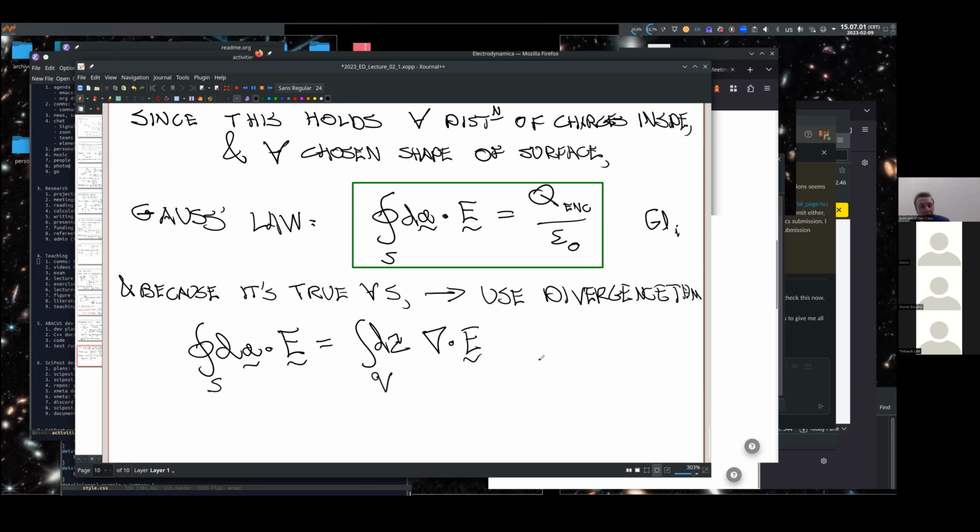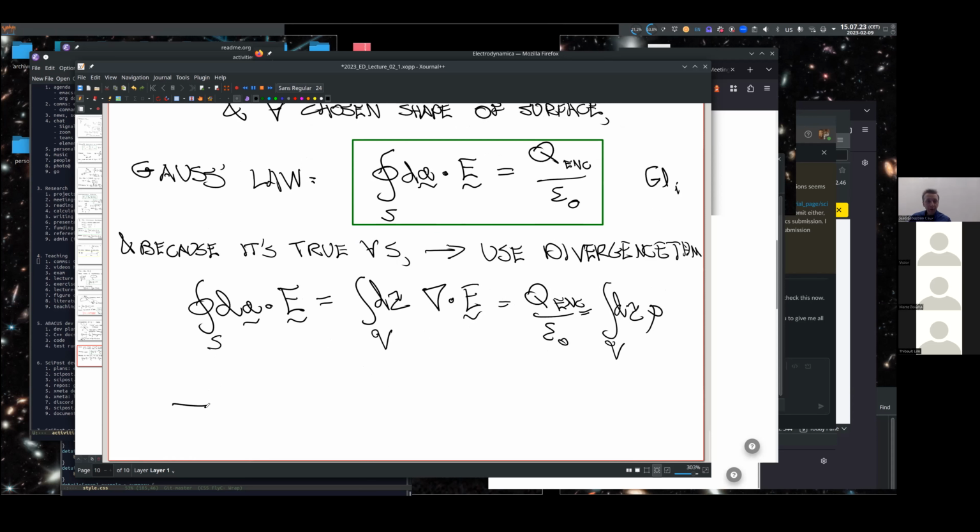Okay? So this whole thing by Gauss's law is just Q enclosed over epsilon zero, which I can also rewrite as the integral over the volume of the charge density rho. Okay? And therefore, we obtain the differential form of Gauss's law, which is that the divergence of E at a certain point, here I'm actually going to write the coordinates to be clear, is equal to the density of charge in that region divided by epsilon zero.